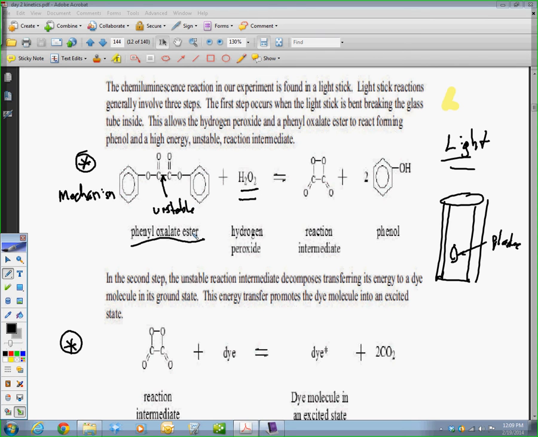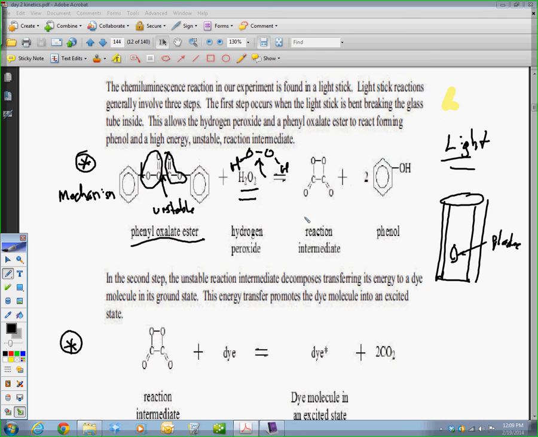This is called a phenyl oxalate ester. It has two ester functional groups. But what makes it unique is the ester functional groups are connected to each other, so this bond is very unstable. Then you have hydrogen peroxide, which easily creates free radicals, which also contains a bond that's very unstable. So at room temperature, these bonds can easily be broken.